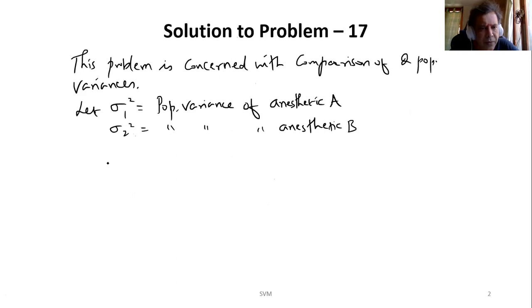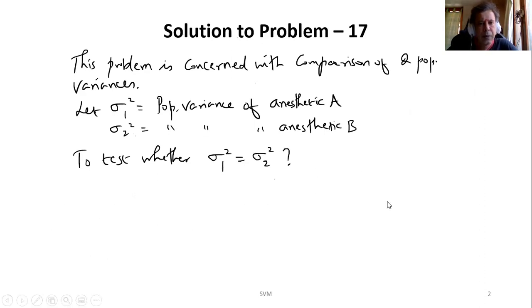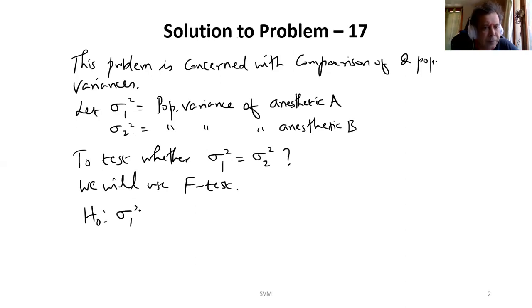We are supposed to test whether both the variances are same. So we will be using F test, and the null hypothesis will be the same as what is to be tested, because it has got an equality sign.